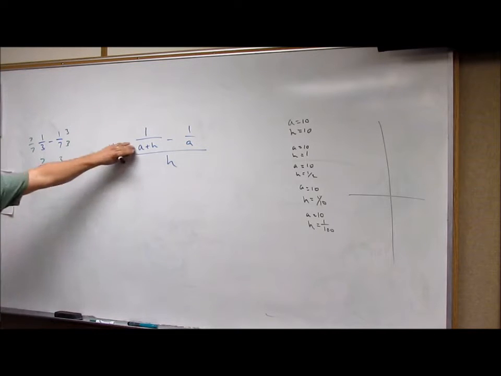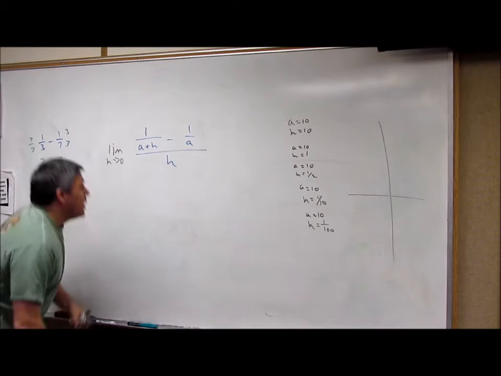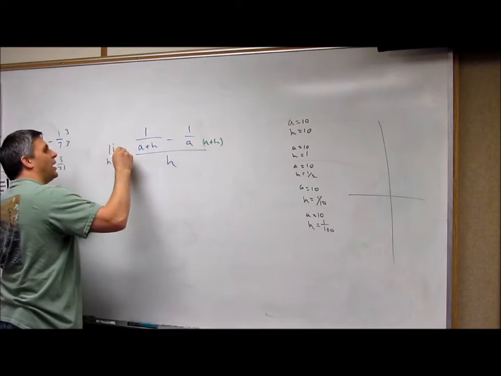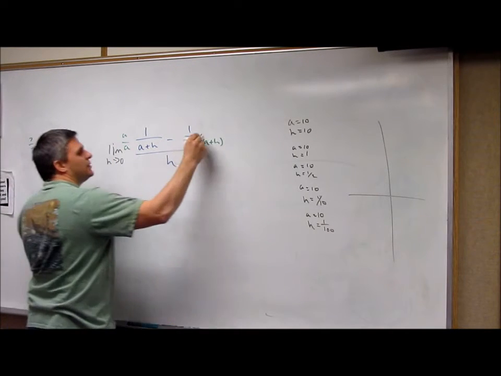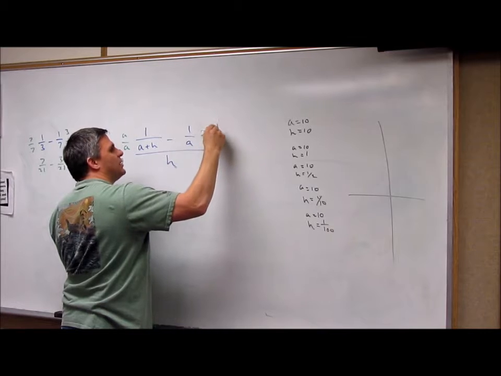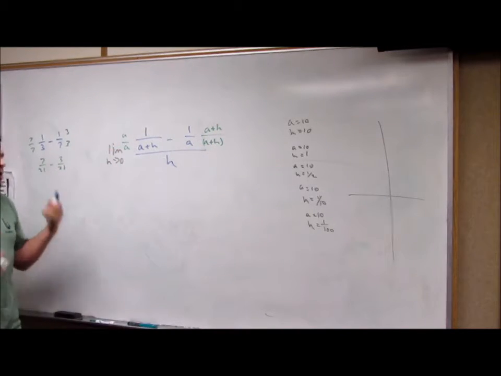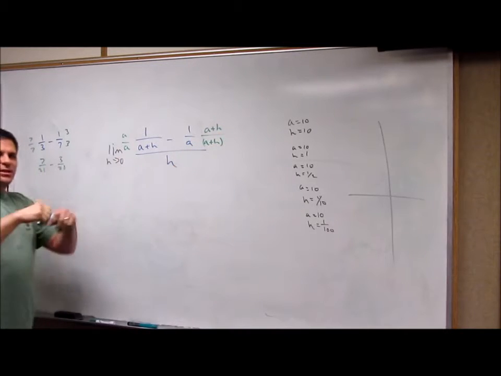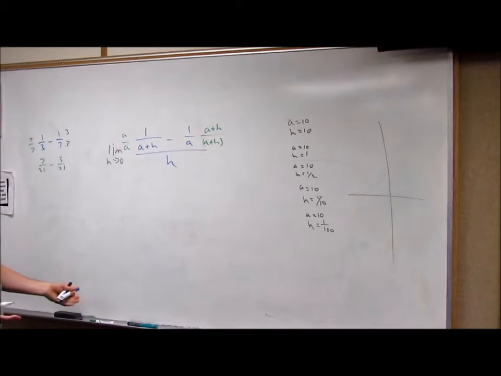We want to do the same thing here. We want to multiply by a plus h and a. But you can't just do it on the bottom. You also have to do it to the top, because you're multiplying by a 1, so we're not changing anything. We're just making it look different.